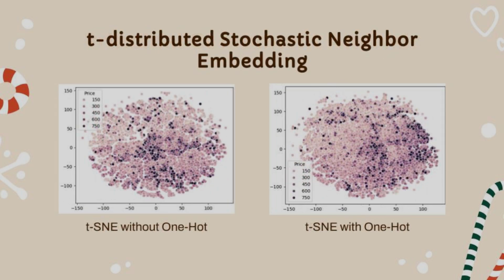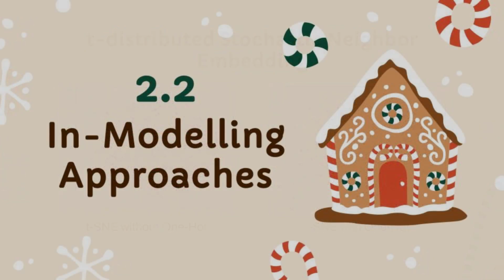Lastly, we use t-distributed stochastic neighbor embedding to try and understand the data distribution, and in this case it's a little bit more complicated compared to the PCA, and both approaches seem to not be able to cluster the dataset correctly.